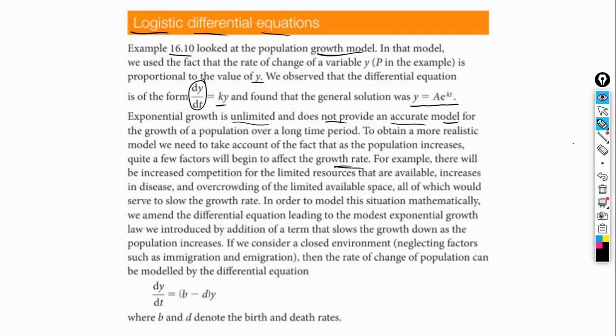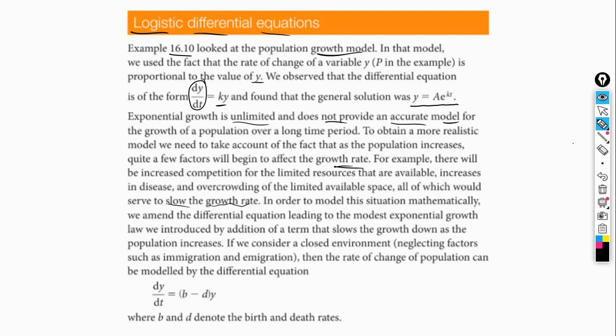For example, there will be increased competition for the limited resources that are available, increases in disease, and overcrowding of the limited available space, all of which would serve to slow the growth rate. In order to model this situation mathematically, we amend the differential equation leading to the modest exponential growth law we introduced by addition of a term that slows the growth down as the population increases.